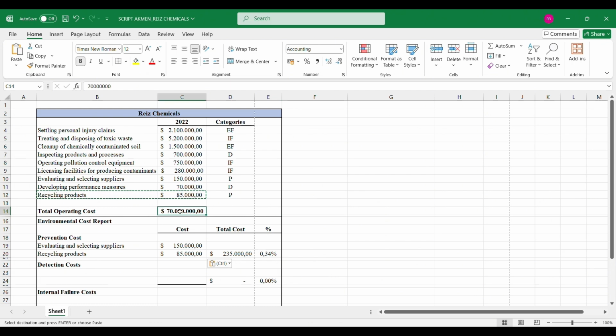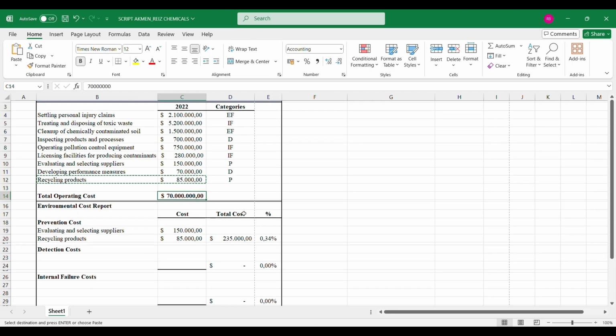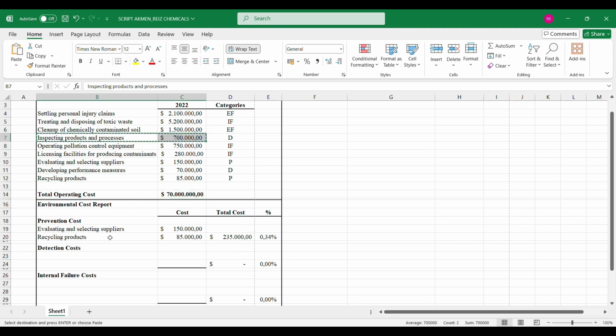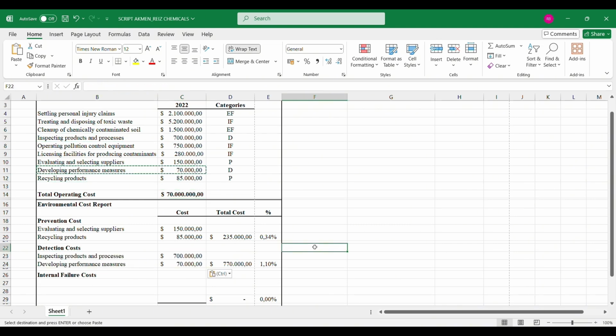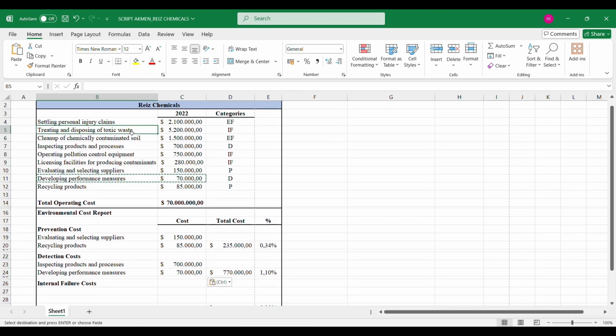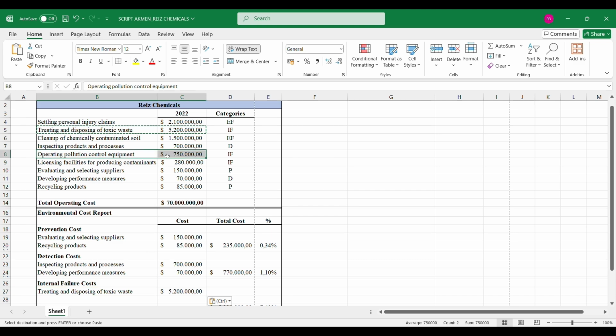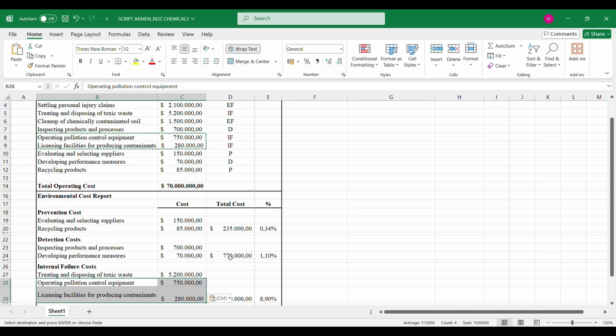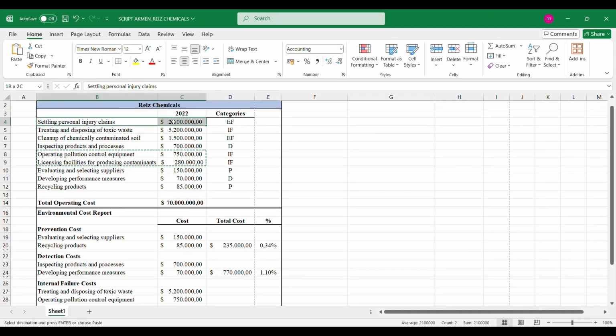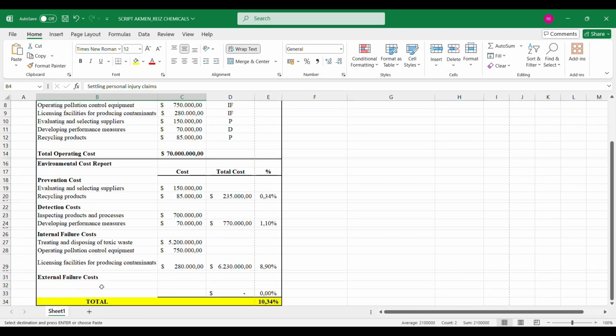First, we must categorize the costs incurred according to the classification of prevention costs, detection costs, internal failure costs, and external failure costs. 2. After that, the costs that have been categorized will be included in each cost category, such as evaluating and selecting suppliers and recycling products being included in prevention costs, and so on until finished. 3.